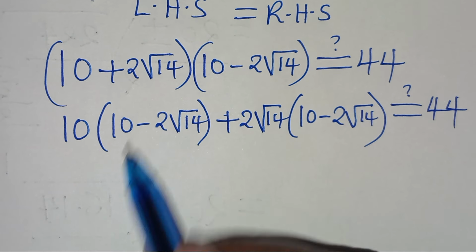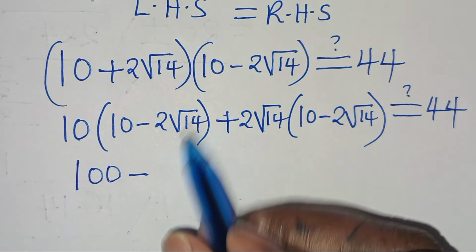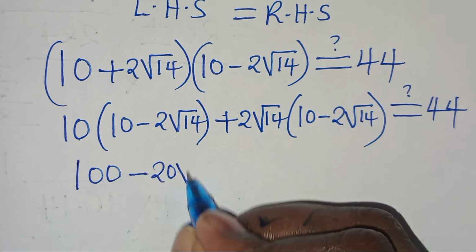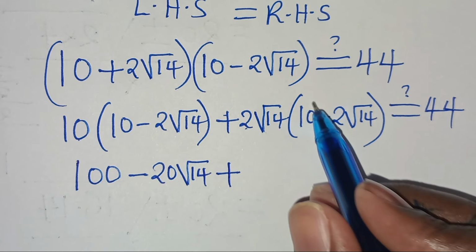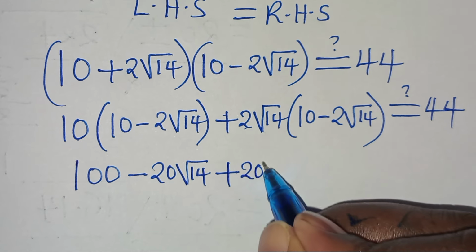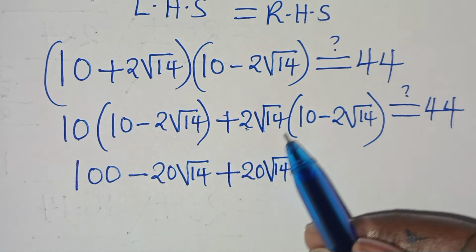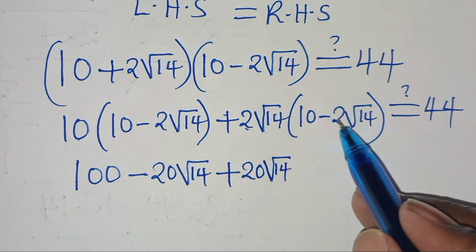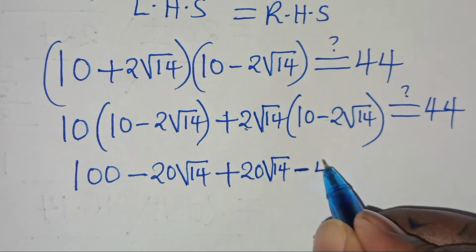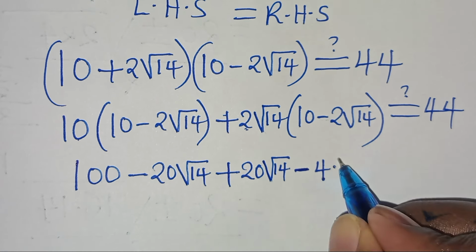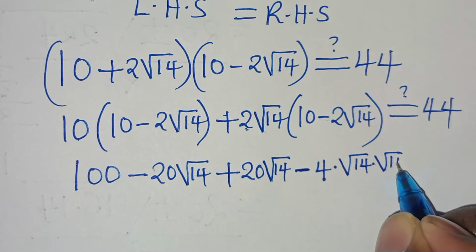Now 10 times 10, this is 100, minus 10 times 2 square root of 14, this is 20 square root of 14, then plus 2 square root of 14 times 10, this becomes plus 20 square root of 14, then we have 2 square root of 14 times minus 2 square root of 14, this becomes minus 4 times square root of 14 multiplied by square root of 14.